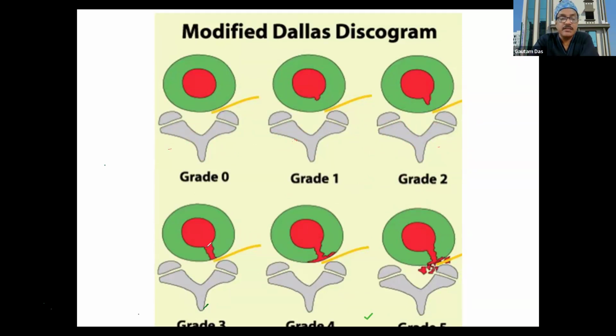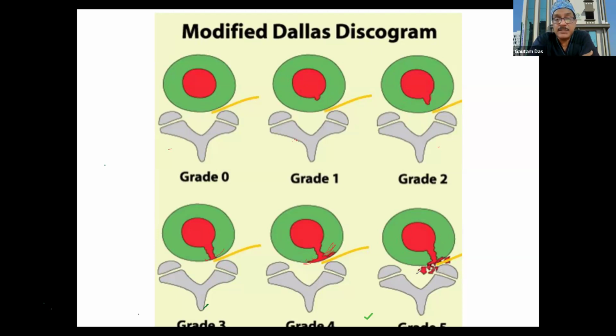Grade 3, it is coming up to the outer third, but there is no leakage outside and no circumferential spread, only up to the outer third without any leakage. Grade 4 is when there is a circumferential spread also. And grade 5 is when it has leaked outside. So these are the 5 grades of disc degeneration.